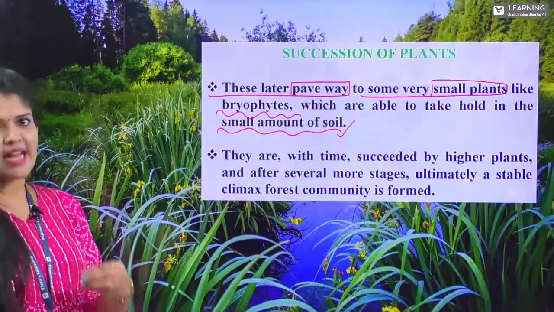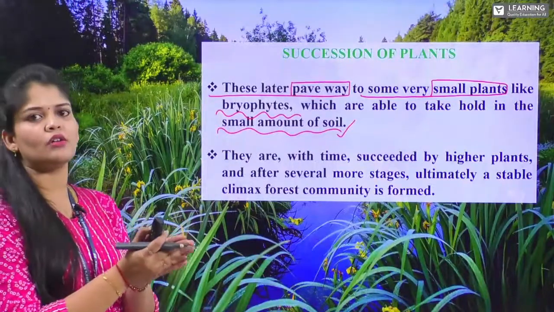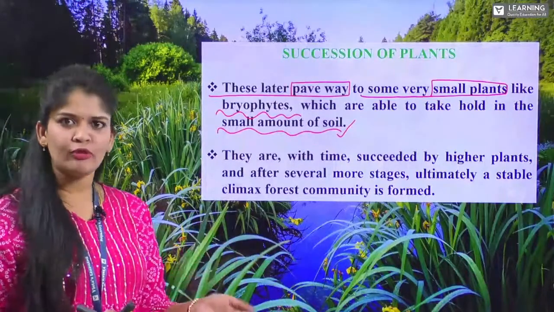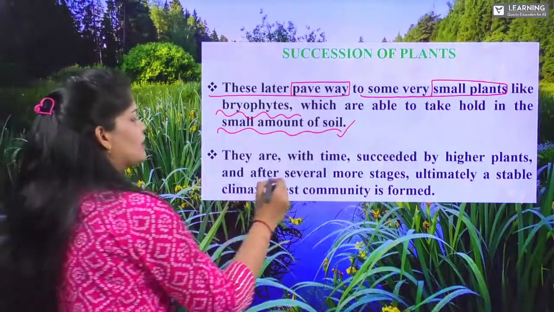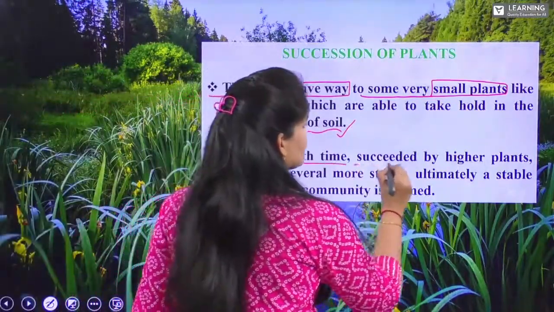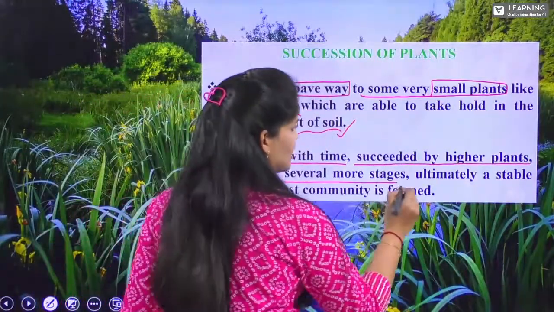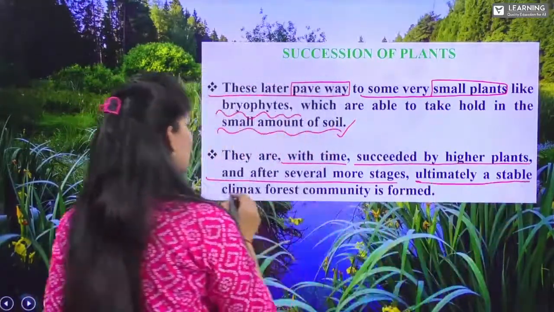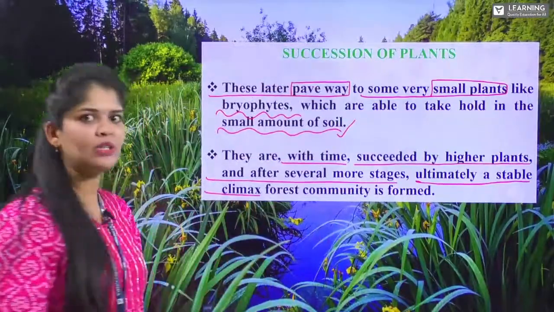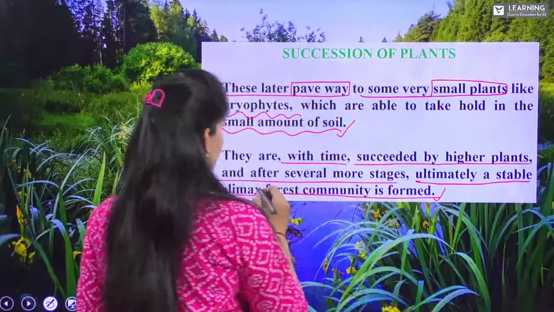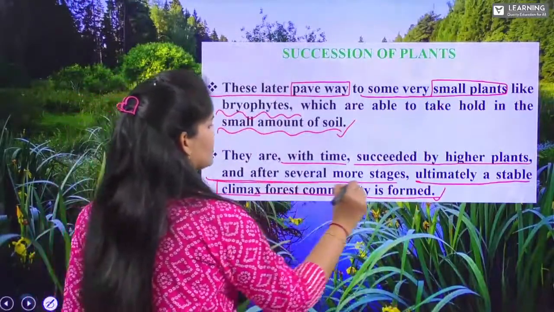Once the bryophytes start to grow, they surely form a path for the formation of the next level of plants. They are with time succeeded by the higher plants, and after several more stages, ultimately a stable, nearly equilibrium climax, that is a forest community, is formed, and this is your climax community.